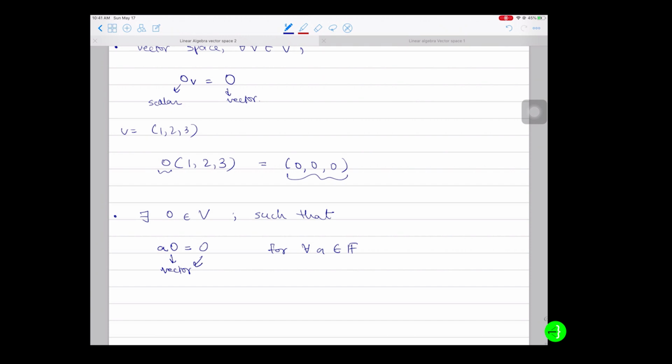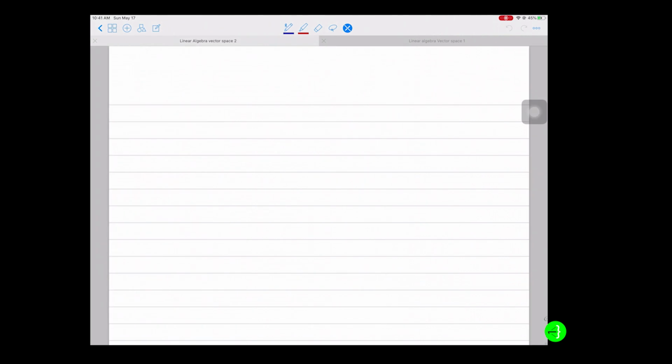For example, if we take A as the number 1, then 1 times (0, 0, 0) is the vector (0, 0, 0). The proof of these two is really simple and trivial, so I'm leaving it, but if you want to see the proof, let me know.